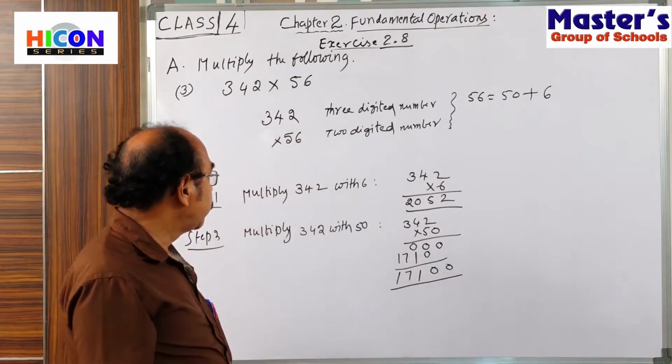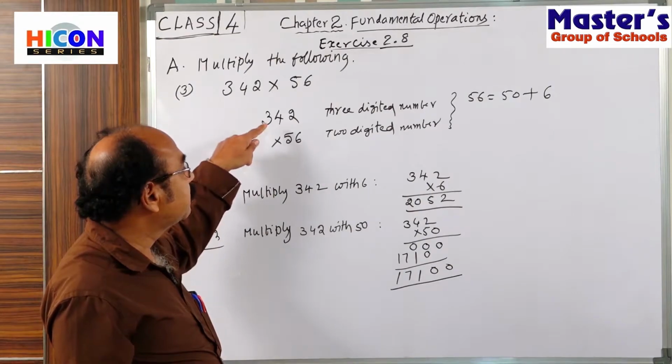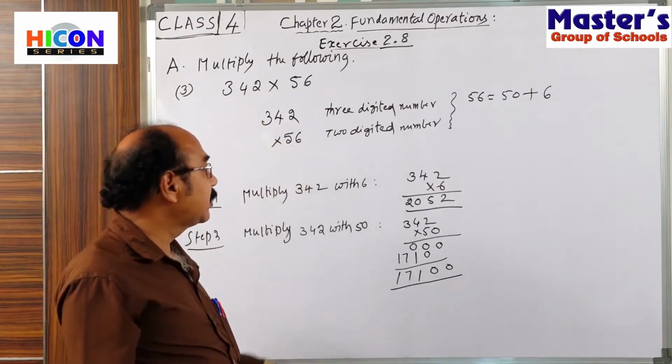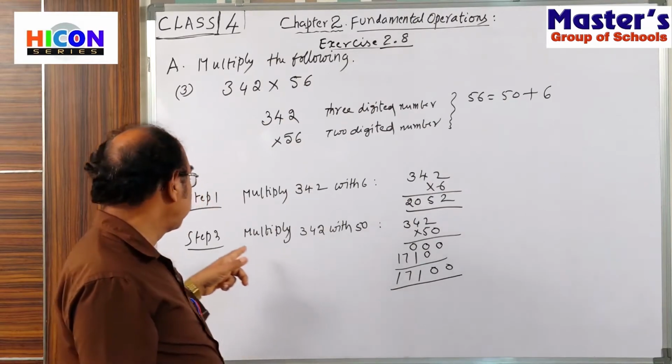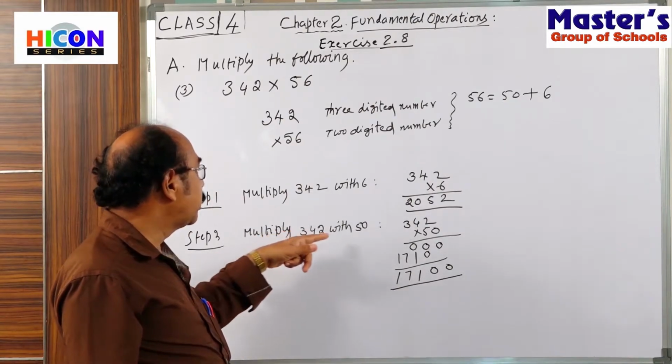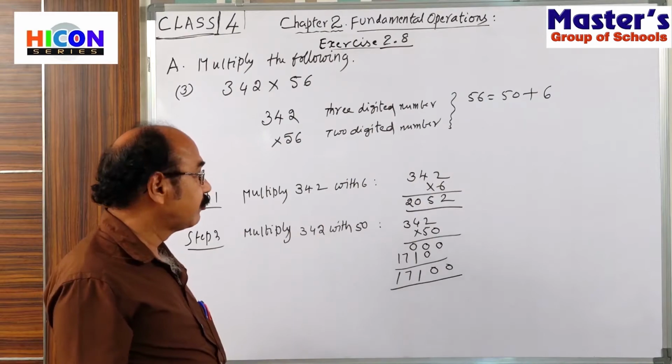17100 we got. Here 342 is multiplied by 6 first in step 1, and in step 2, 342 is multiplied with 50.